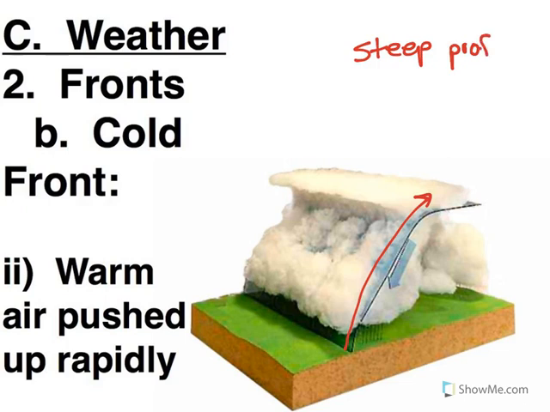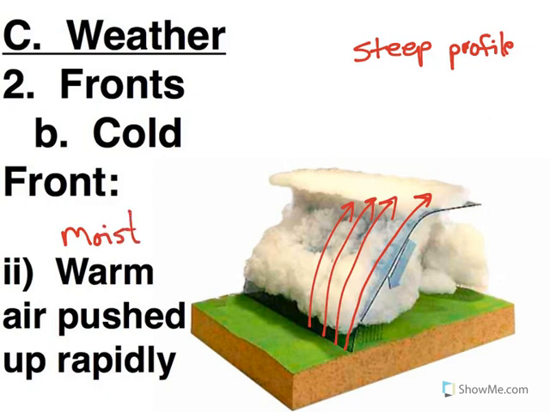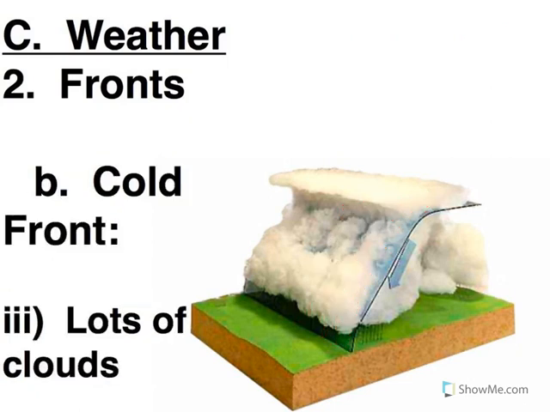The warm air is going to move quickly upward. So you've got all this warm air moving upward. It's going to be moist, because typically warm air is going to have some moisture in it, unless you're in the desert.